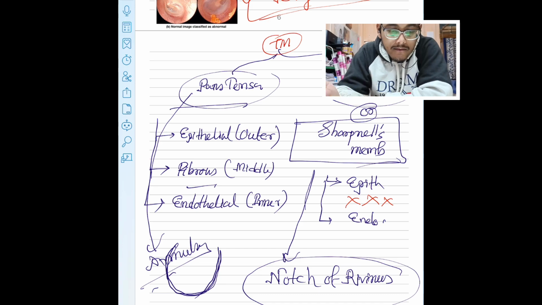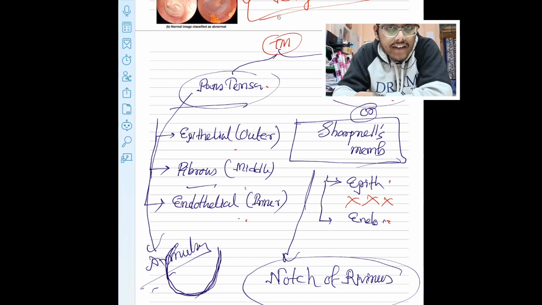According to some books, the pars tensa has 3 layers: the outer epithelial layer, the middle fibrous layer, and the inner endothelial layer. In pars flaccida only 2 are present, the outer epithelial and inner endothelial. The middle fibrous layer is not there, that's why it's flaccid, not that tense.